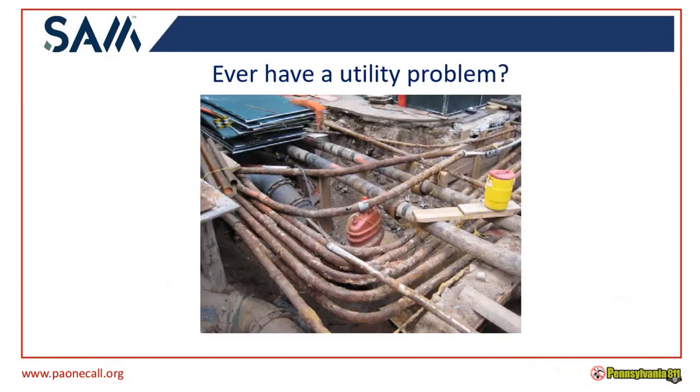So as everyone knows, as you're digging through the ground, you're going to run into utility problems. Between underground utilities that are active, abandoned, private, maybe not put on records or anything like that, it becomes a very big problem when someone's going in there and trying to replace a water line, replace a gas line, any kind of service that they're doing to the utility that's underground.